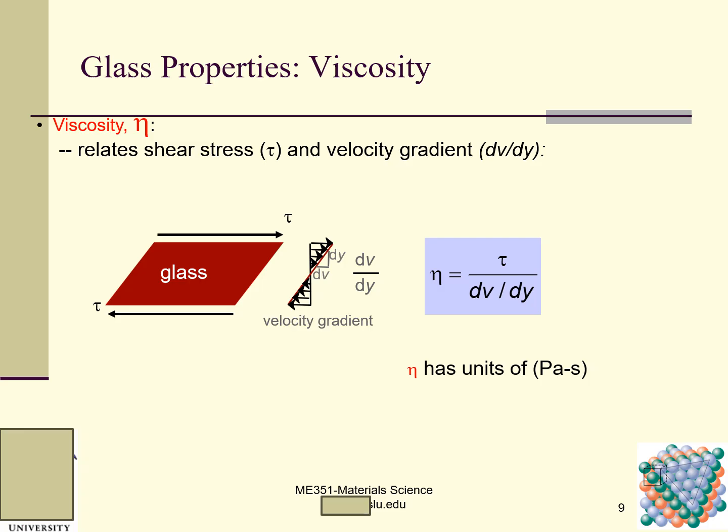Here dv is the change of velocity with respect to position in y, and this is the shear stress. Viscosity eta equals tau divided by the velocity gradient, and it has units of Pascal second.